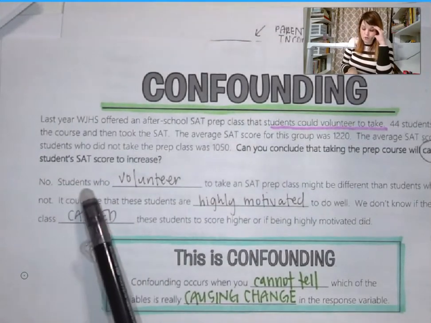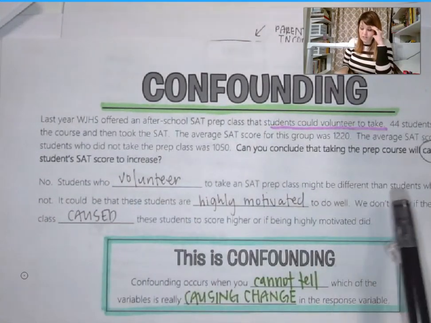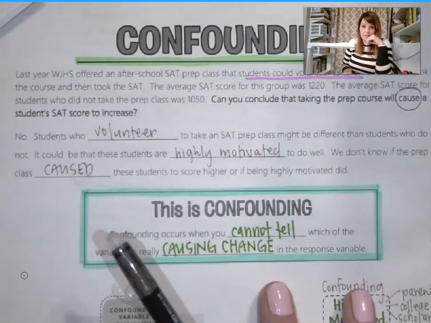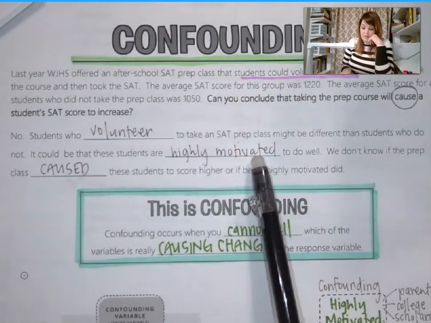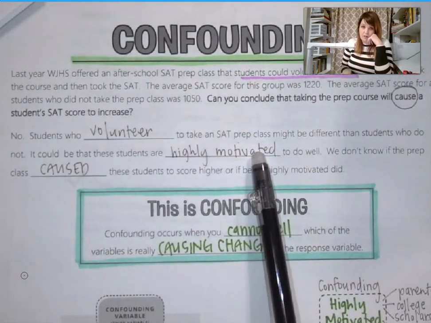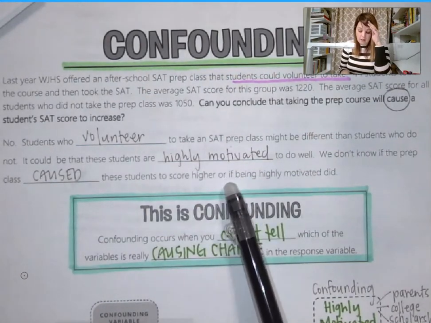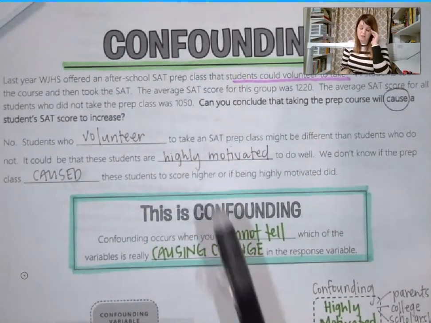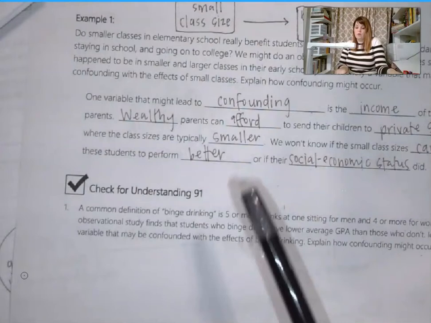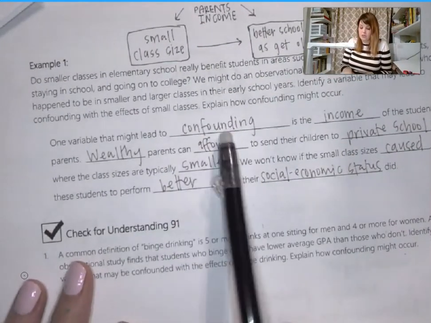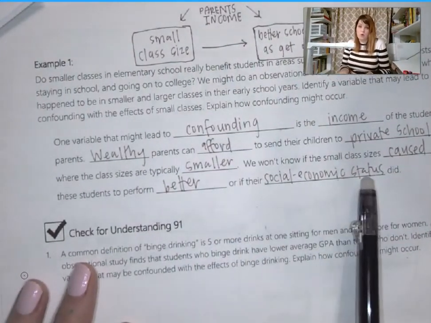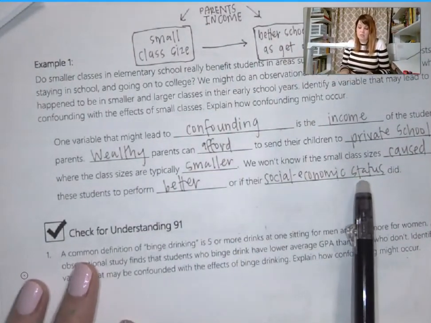So students who volunteered to take an SAT class could be highly motivated. That's your confounding variable. We don't know if the prep class caused it or if being highly motivated did. So, one variable that might lead to, why, we won't know. Got to hit those three things.